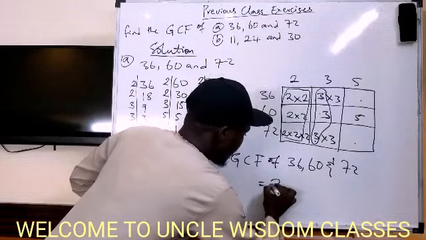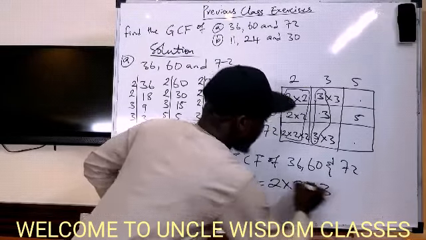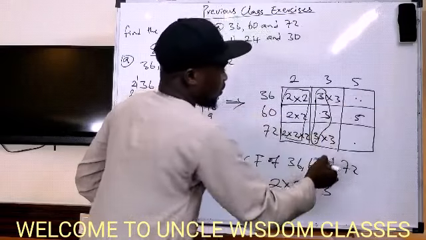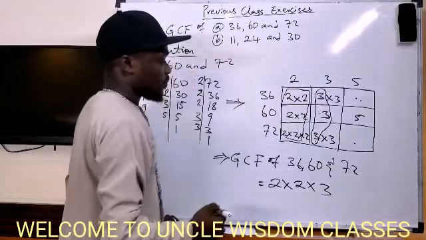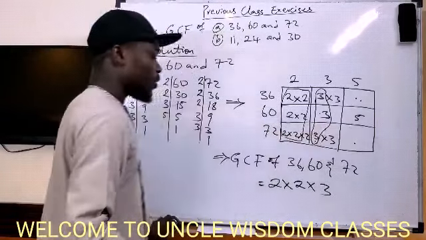So this is now 2 multiplied by 2 multiplied by 3. 5 is not common, it appeared only in one place, so we don't take it because there is no common factor there.